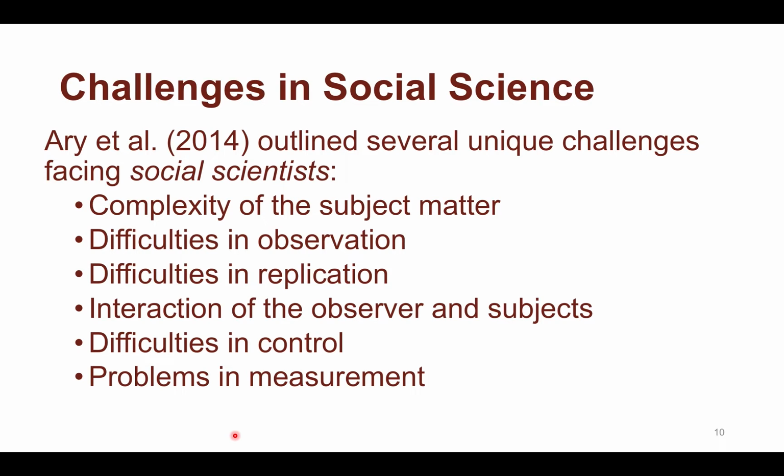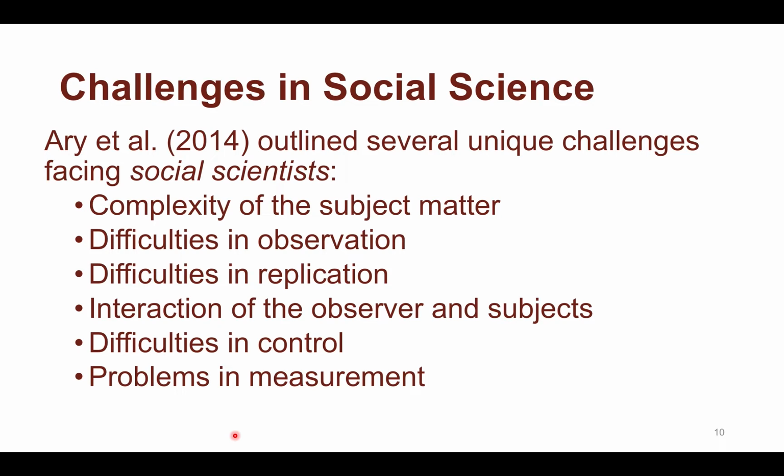Some of the challenges that they listed: complexity of the subject matter. So again, just working with human subjects. The human brain, for example, isn't as well understood as a lot of other things, and also just understanding how people's experiences and genetics affect what they do and their health and their mental health isn't well understood.